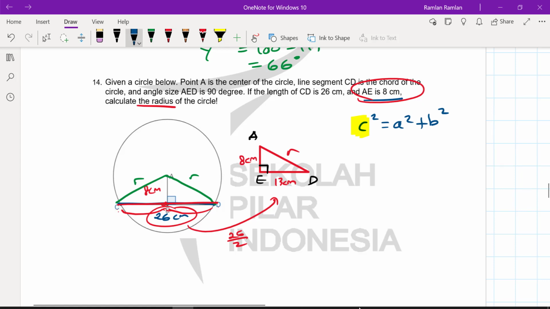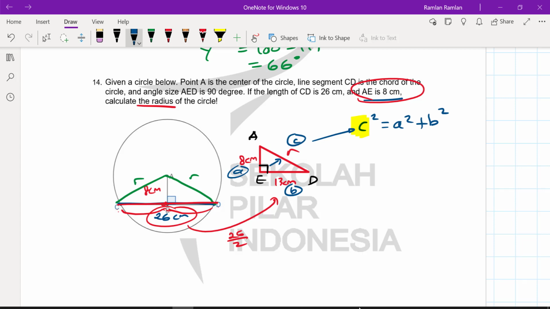It's always going to be opposite the 90-degree angle. So this is going to be the R, so the R is the c value here. The values of a and b don't matter which one is which, 8 or 13. For example, I'm going to use a for this one, and you can swap them around actually.